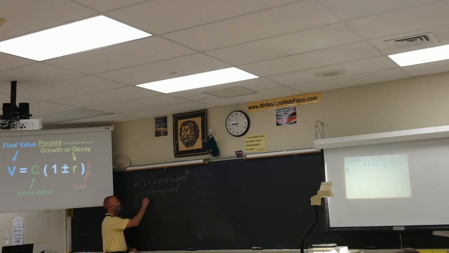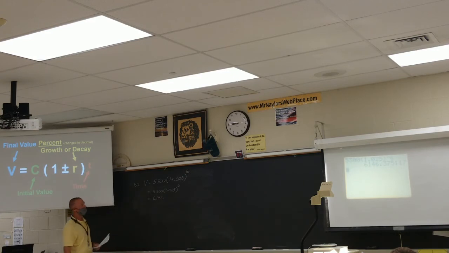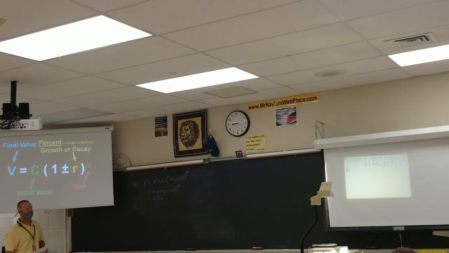In other words, you don't need to find 2.5% and then another 2.5%, because the formula does it all for you. That's the power of the exponential model when you have percentages.